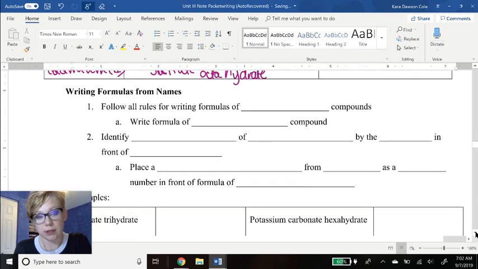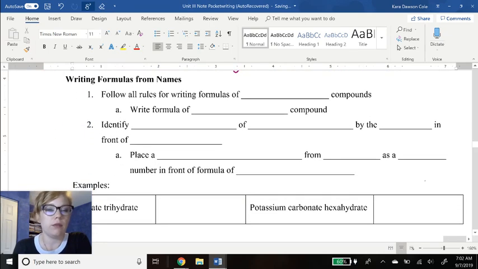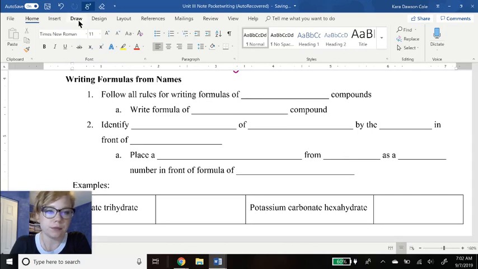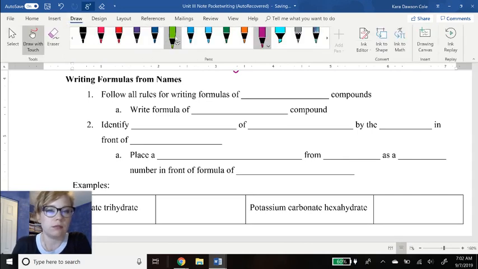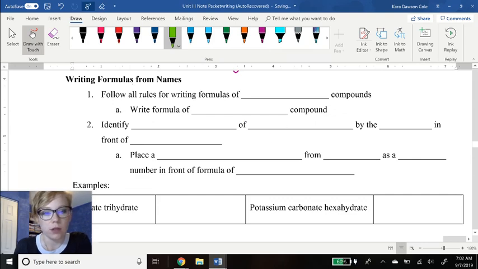Just some practice. So writing formulas from the names. Again, we're going to follow all the rules for writing formulas of ionic compounds. So write the formula of ionic compound.